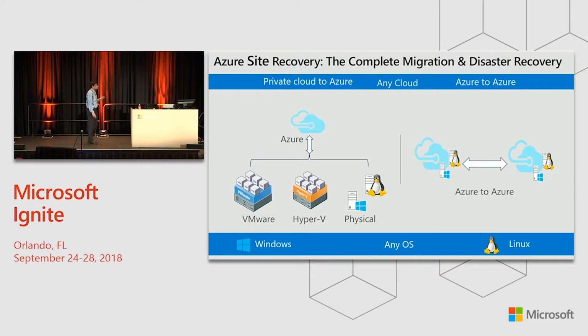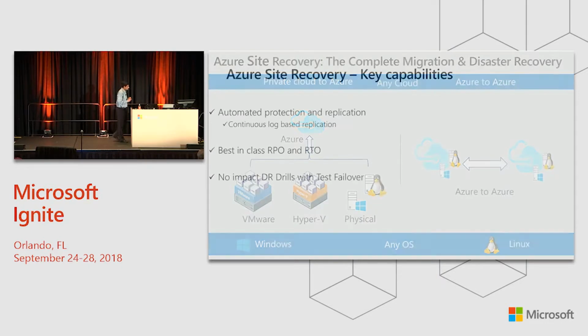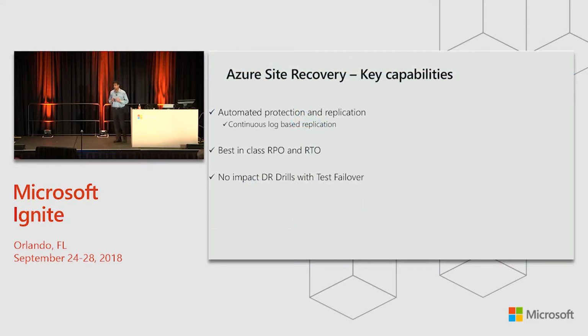A lot of our clients also use Azure Site Recovery as a path to migration into Azure, because migration also requires you to be able to replicate and orchestrate virtual machines into the target site. So that's the reason Azure Site Recovery is in both the migration and disaster recovery domains. Let's quickly look at some of the key capabilities Azure Site Recovery provides. It provides automated protection and replication with continuous log-based replication.